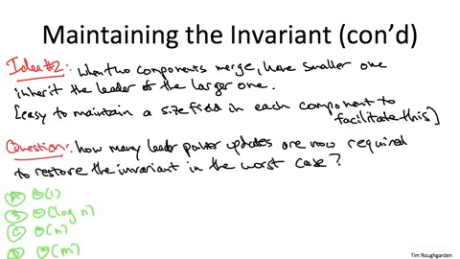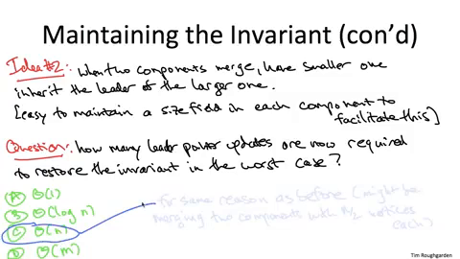So let me now revisit the question from the previous slide. In the worst case, given this optimization, how many leader pointers asymptotically might you have to rewire when you merge two components together? Well, unfortunately, the song remains the same. The answer is still the third one. And it's for exactly the same reason as on the previous slide.